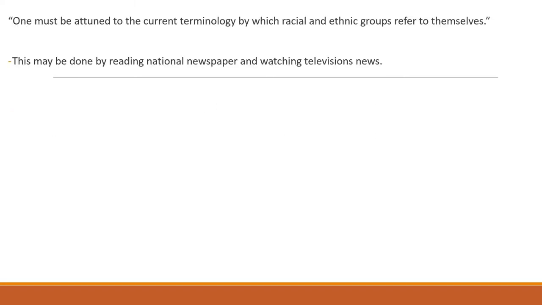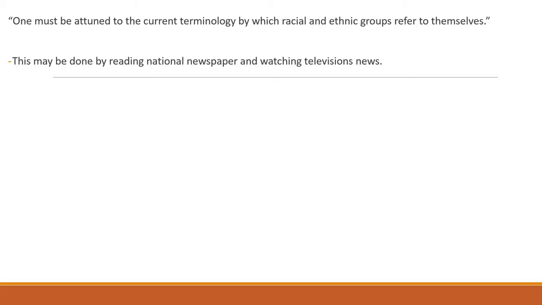One must be attuned to the current terminology by which racial and ethnic groups refer to themselves. Which means if you are trying to be an effective communicator, try to be aware of those current terminologies used in specific ethnic groups.